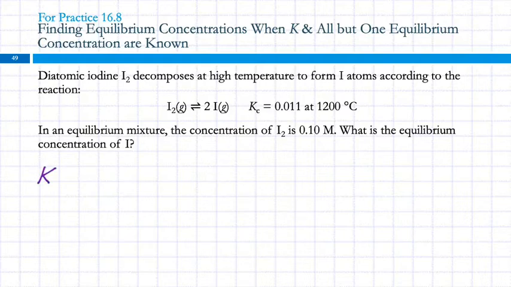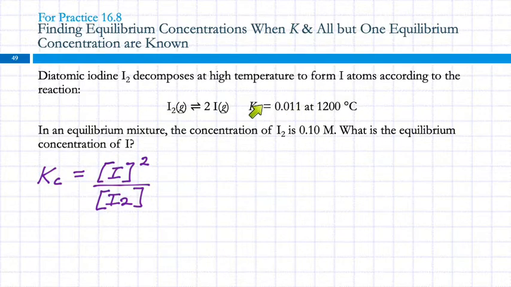Well, we don't here. Kc, we have the value for it, and Kc is going to be I squared over I2. I have what Kc is equal to, and I have the equilibrium concentration of I2. So I'm just missing the concentration of I.